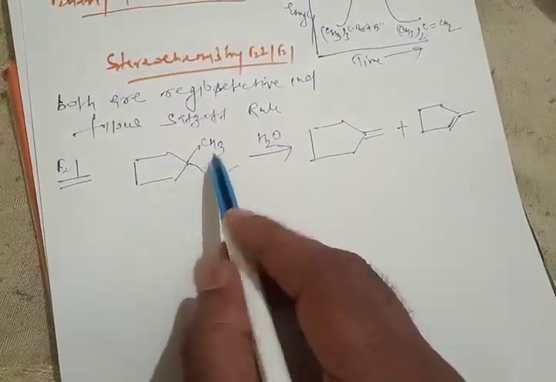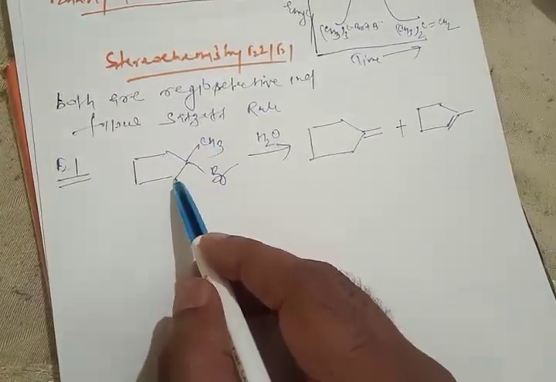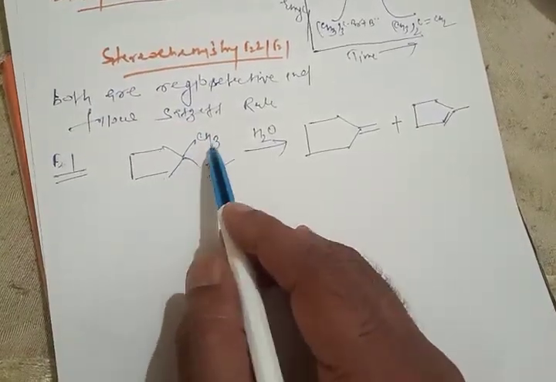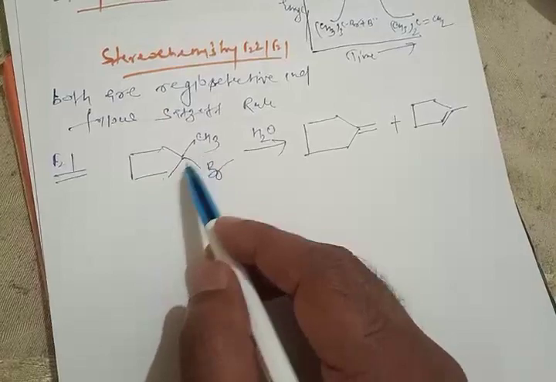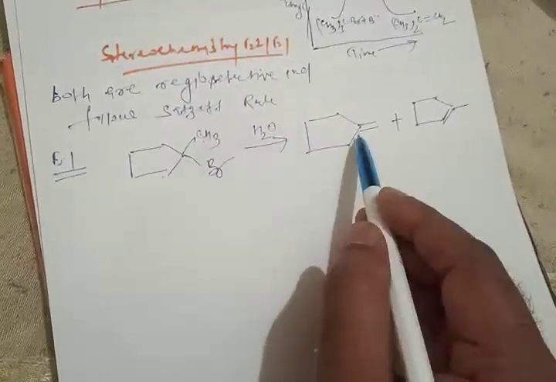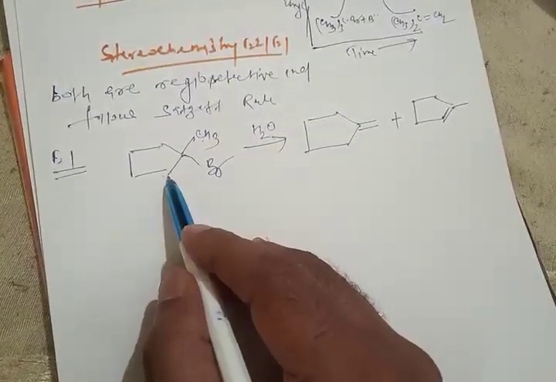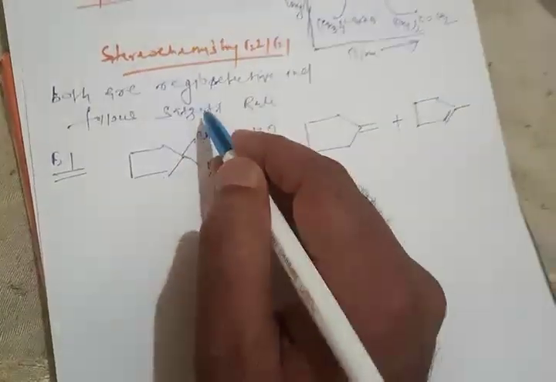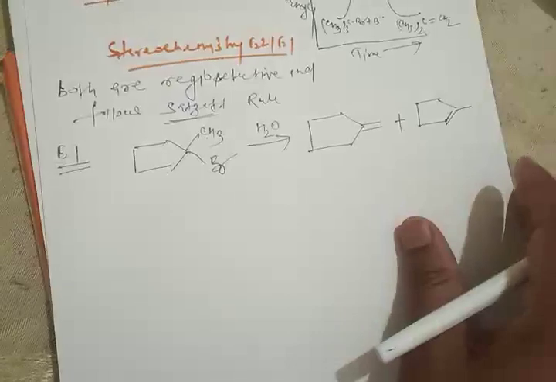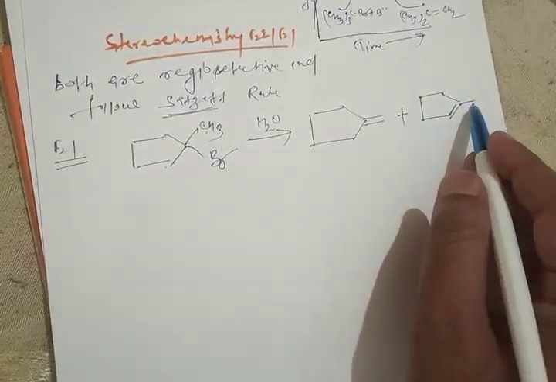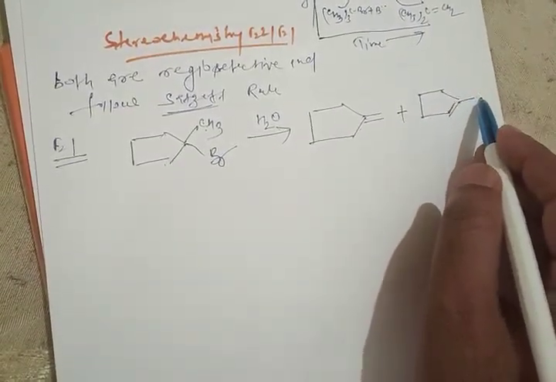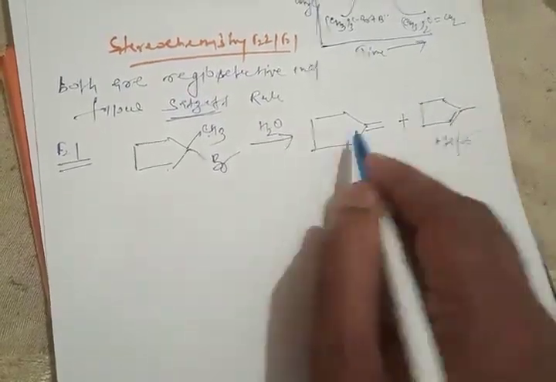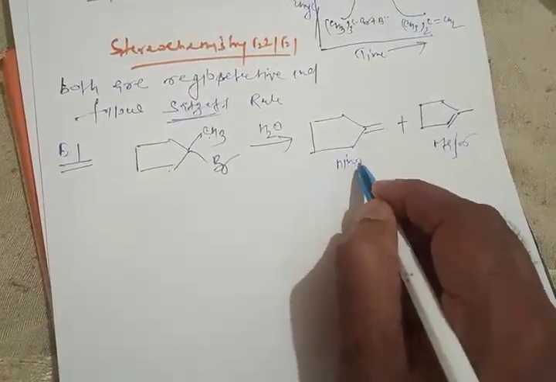This carbon is a beta carbon and this is also a beta carbon, so one can take any of these two. If you take this one, this product forms, and if you take the other, that product forms. Which one is major and which is minor depends on the Saytzeff rule. Which one is major? The one with more alkyl groups on the double bond is the major, whereas in this case no alkyl group, so this is the minor.